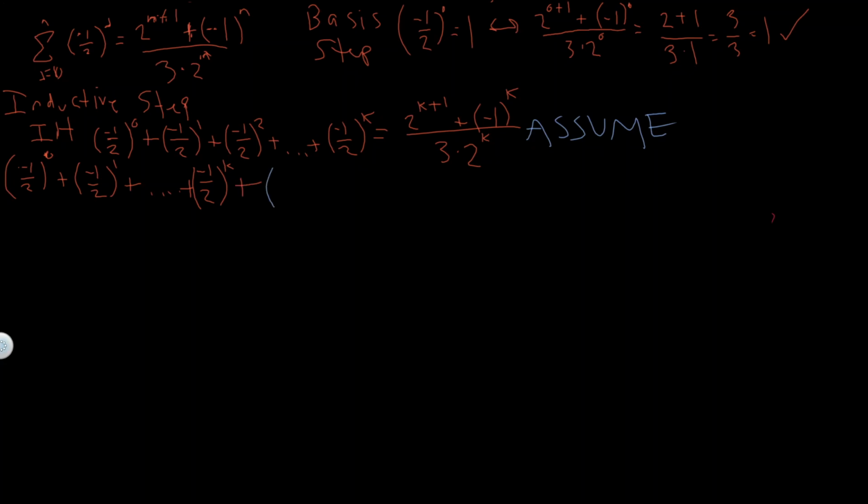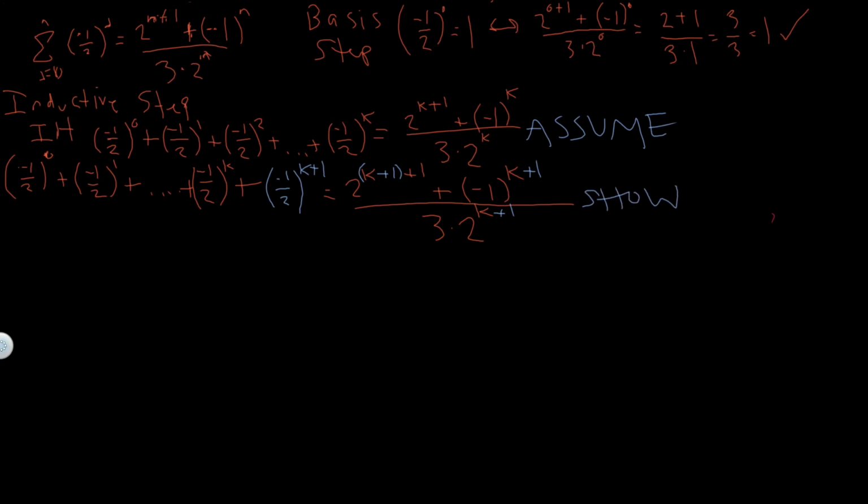I'm going to say plus negative 1 over 2 to the k plus 1. And we're going to say that that's equal to 2 to the k plus 1 plus 1, because there was already 1 there, plus negative 1 to the k plus 1. And then we're going to divide that by 3 times 2 to the k plus 1. And this is what we're going to show.